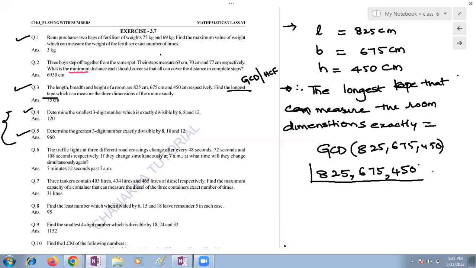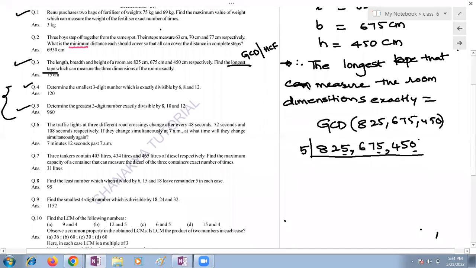Ma'am, 5. Very good. Yes, because the last digit is 5 or 0. Very good, that is the divisibility rule of 5.